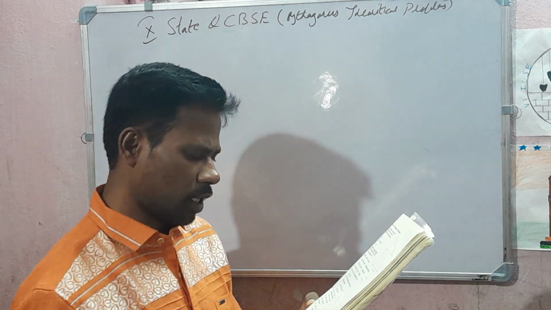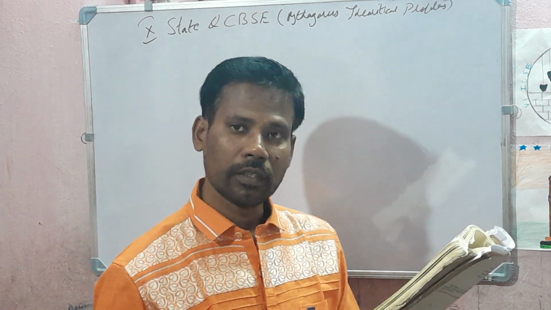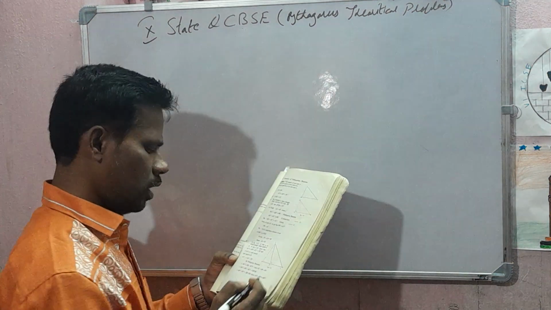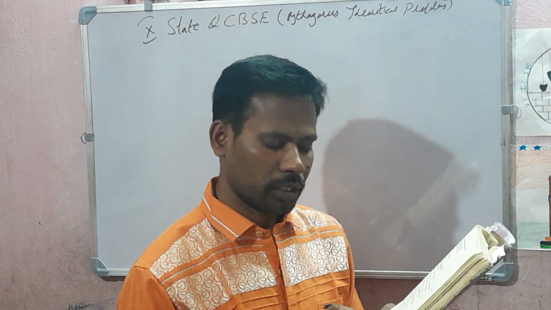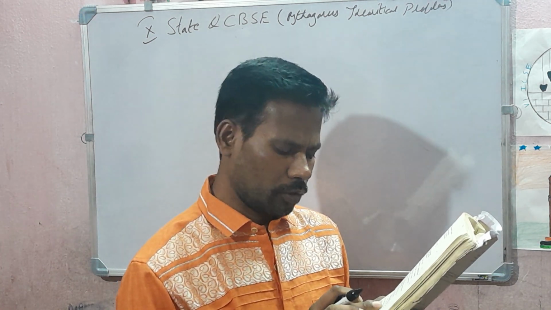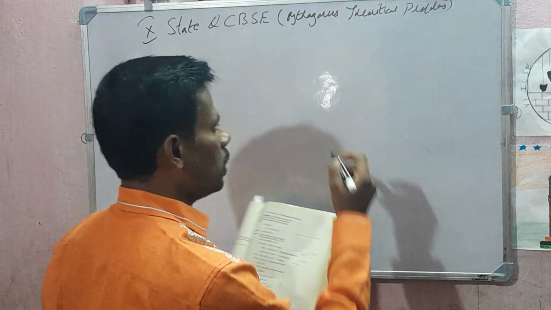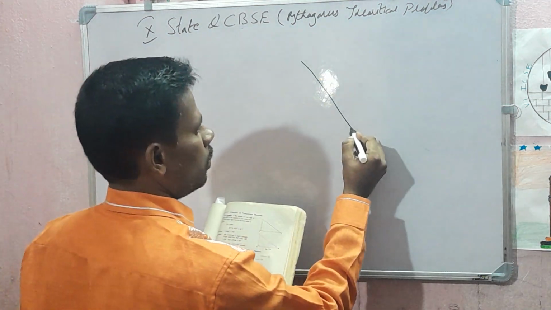Triangle ABC is an obtuse angle triangle, obtuse angle at B. It's very clearly mentioned. Do you know what you mean by obtuse angle?